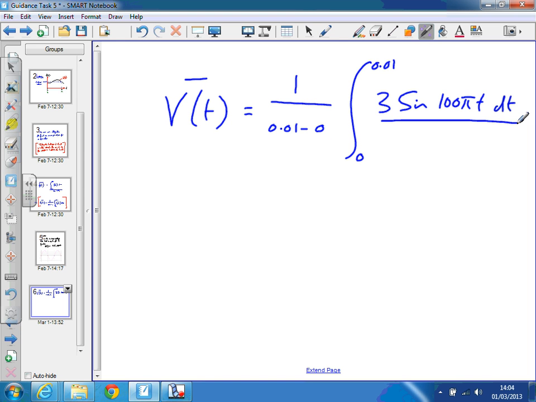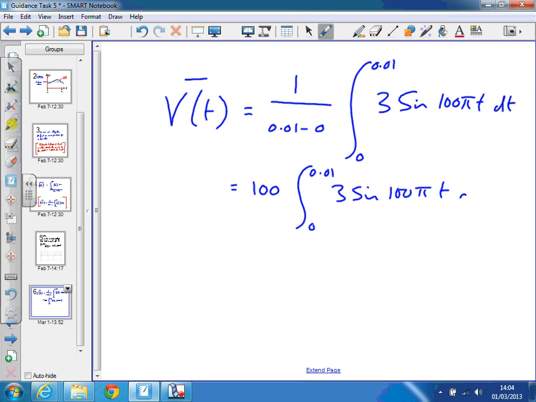So what we've got to do now is integrate the function and work out the value. So this equals, well, 1 over 0.01 is 100, times the integral between 0 and 0.01 of 3 sine 100 pi t with respect to t.